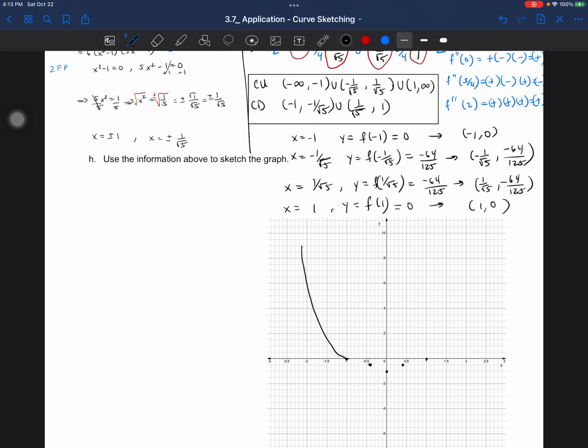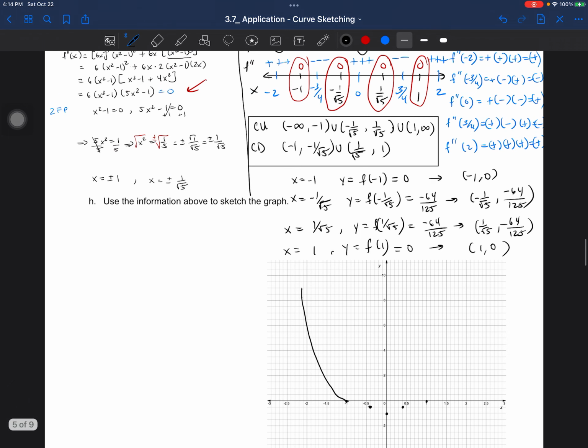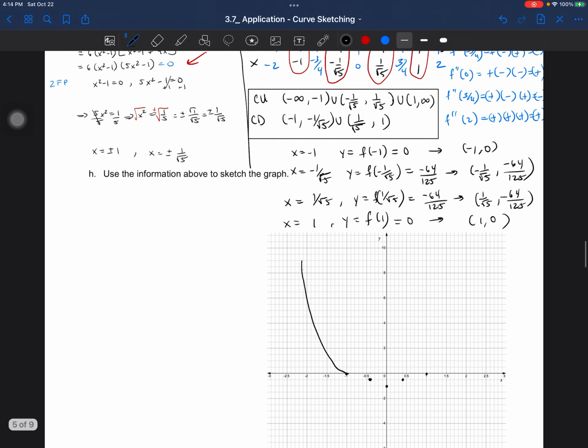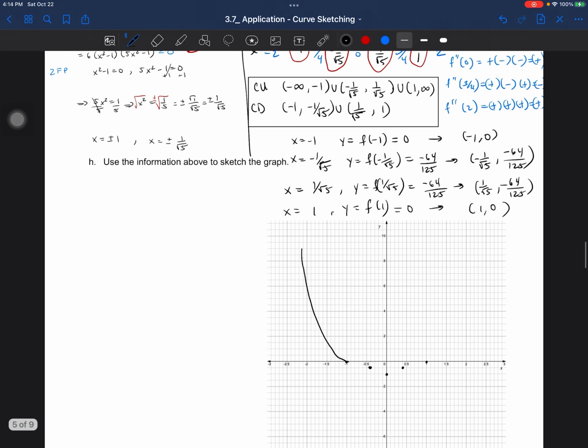So somewhere in here, we have an inflection point, and also somewhere in here we have an inflection point, right? So those are the inflection points that we found. At negative 1, we also have an inflection point because we changed concavity. So maybe I can use a different color.